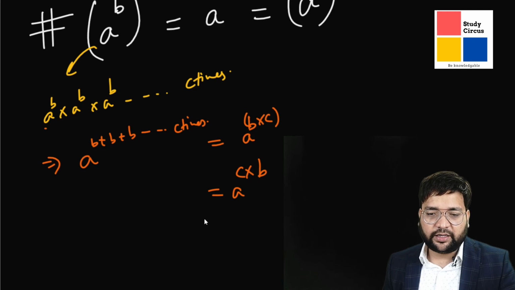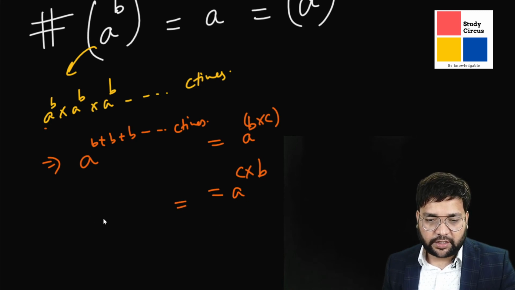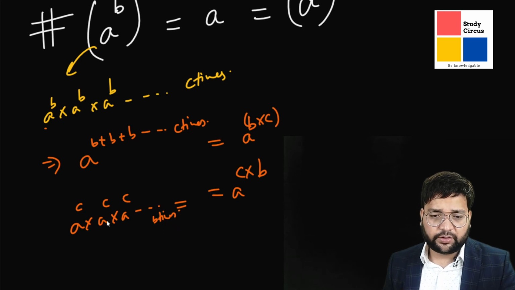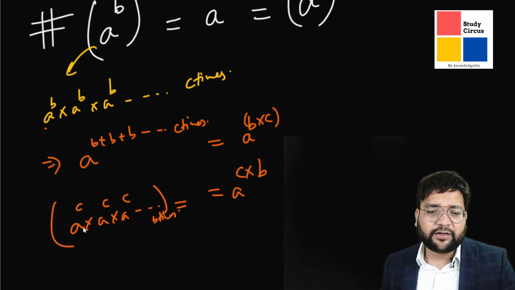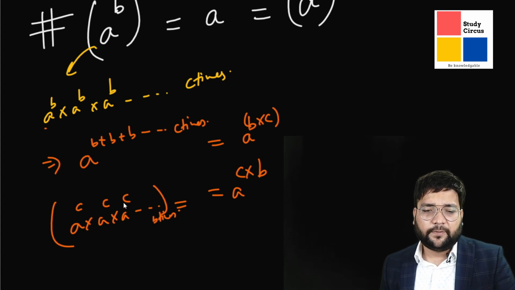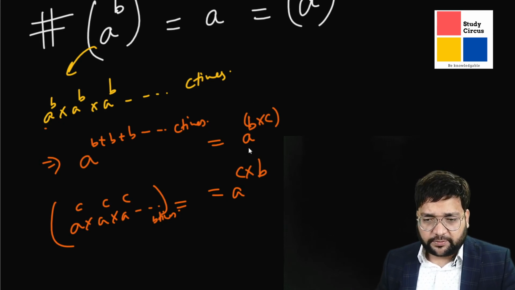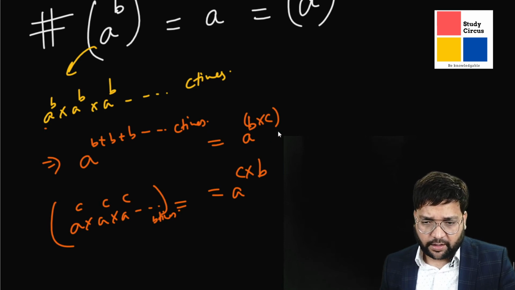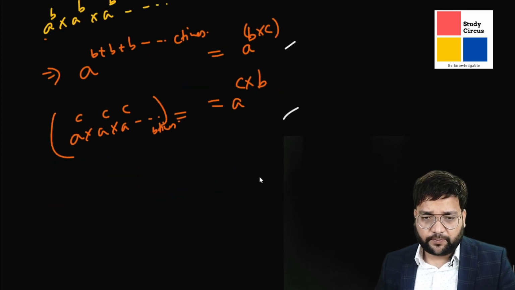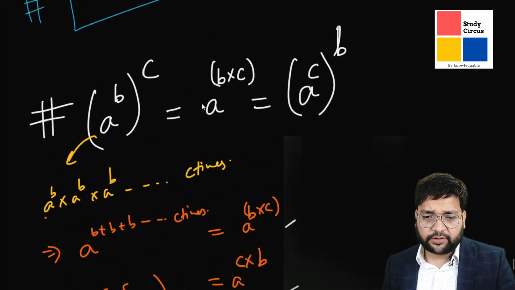If I had written it as a to the power c into a to the power c, b times, it would give the same thing. Either you write a to the power c b times or a to the power b c times, it's the same thing using the first property. This is very clear, right? These two things are the same.